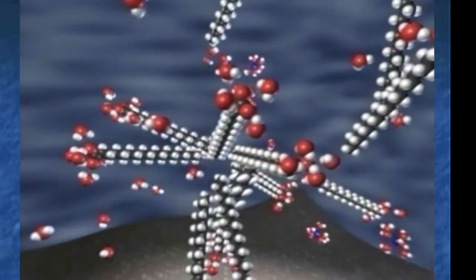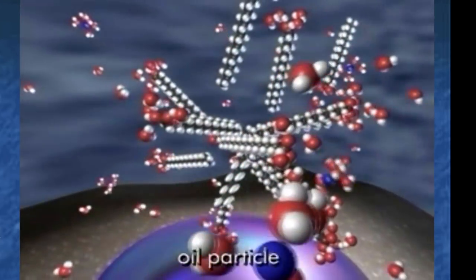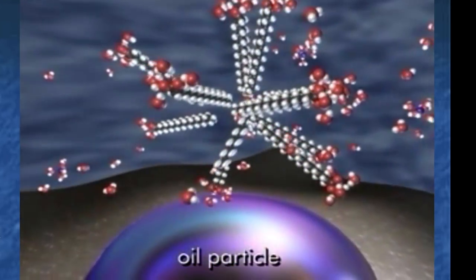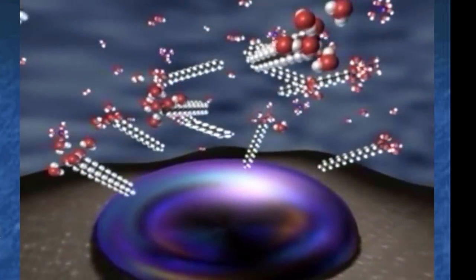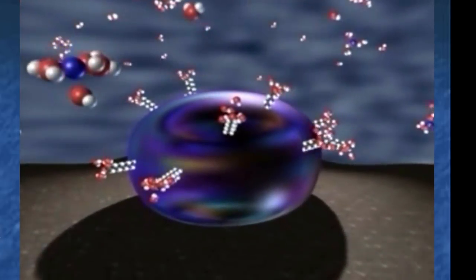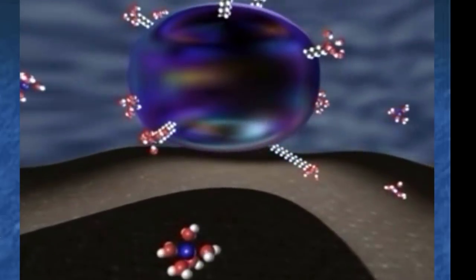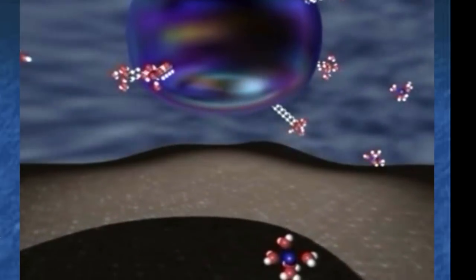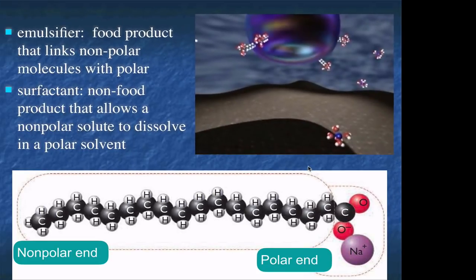When a microscopic oil particle on an item of clothing is exposed to this solution and there is agitation, the surfactant molecules become embedded in the oil droplet through the hydrophobic, oil-loving hydrocarbon chain part of the molecules. As more and more surfactant molecules become embedded in the oil droplet, it is lifted from the surface of the clothing. This process occurs because the polar, charged ends of the surfactant molecules interact strongly with the surrounding water.